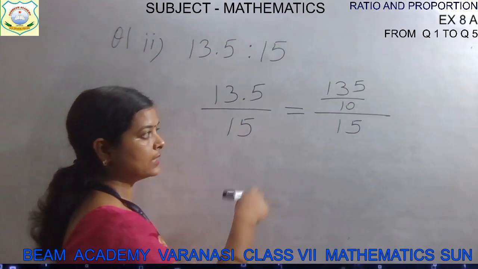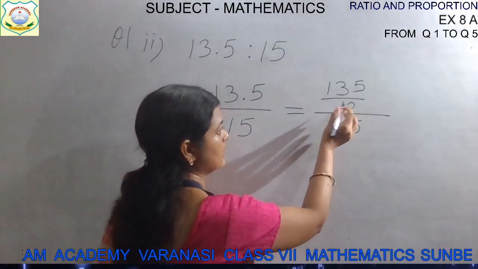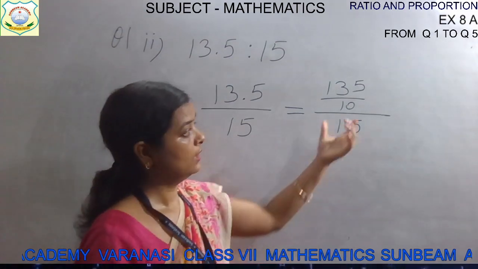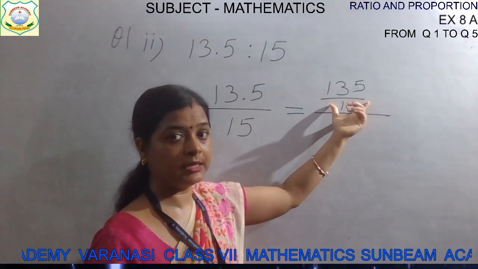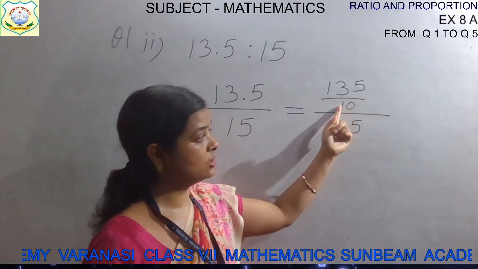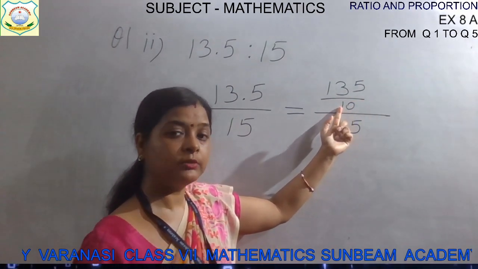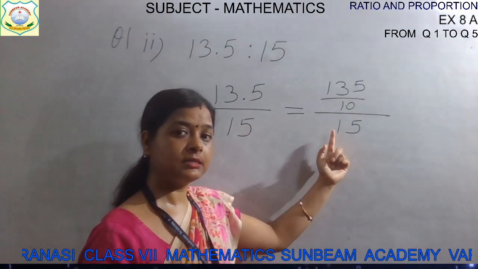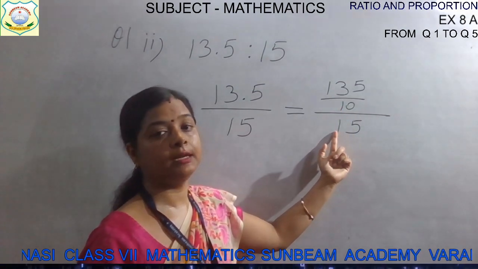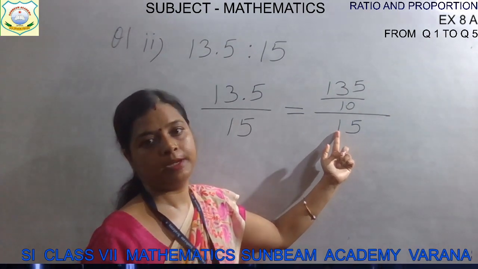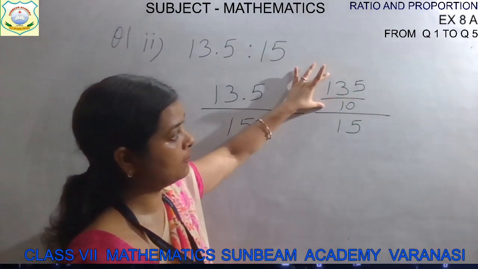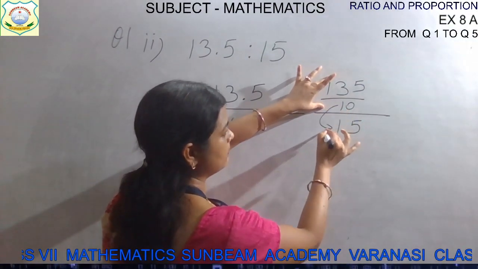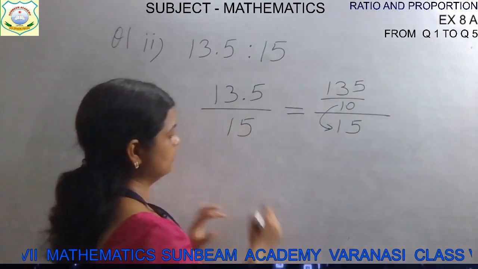Now the next step is this 10, which is in the denominator of the numerator. In the numerator, if you see, there is a fraction and its denominator is 10. When you solve it further, this 10 will come down in the denominator and it will multiply with 15.